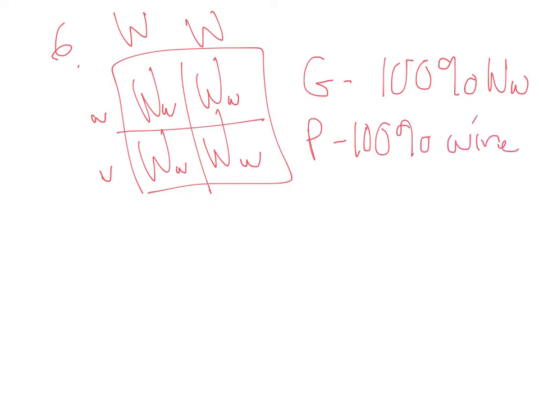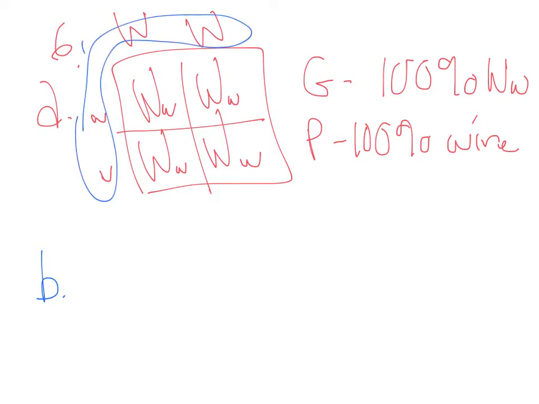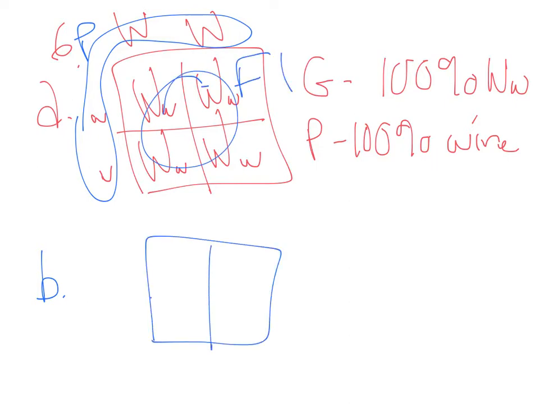And then for number B, that's A. And then for B, we have, what are the genotypes and phenotypes of the offspring of the F2 generation? So remember, out here was the P generation. Inside here is F1. So if we want to get F2, we're going to cross F1. So you should be crossing big W, little w with big W, little w.